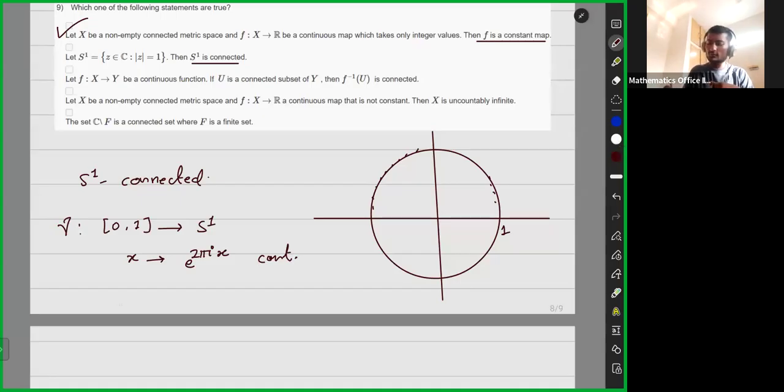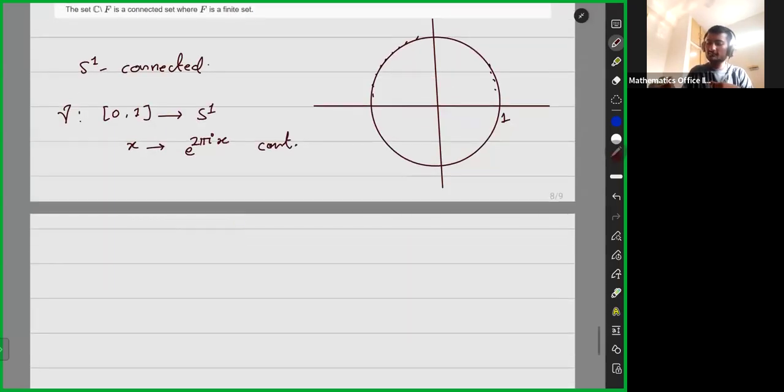And now you have to say that this interval is connected. [0, 1] is connected. इसको एक बारी प्रूफ कर लेना. तो रियल नंबर्स में intervals are connected. Okay, and they are path connected.